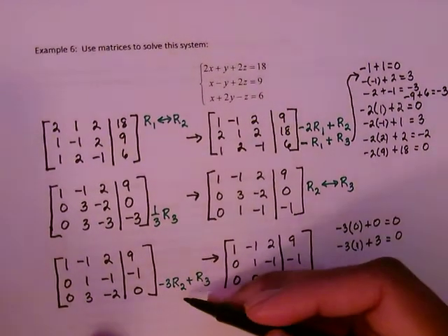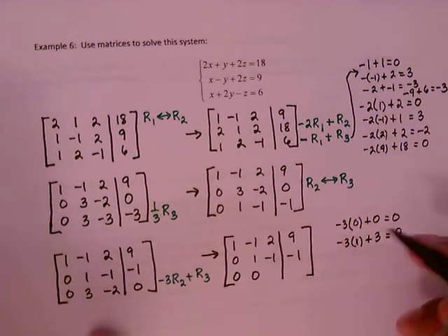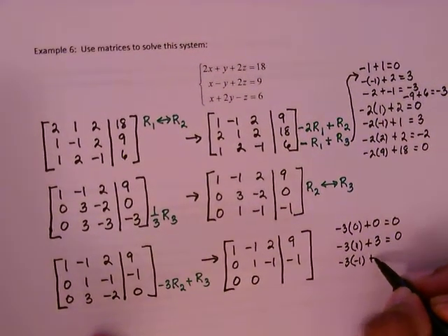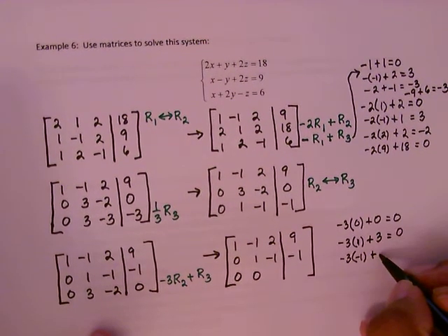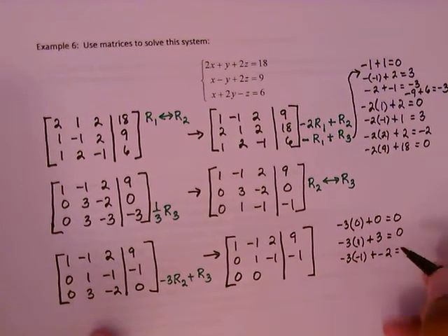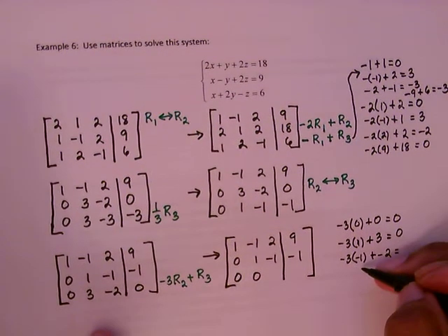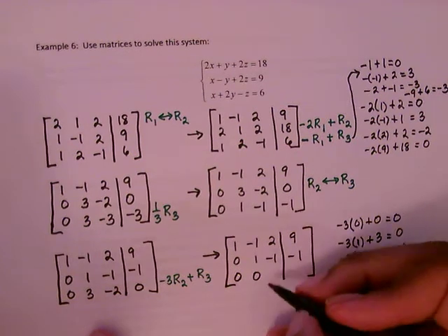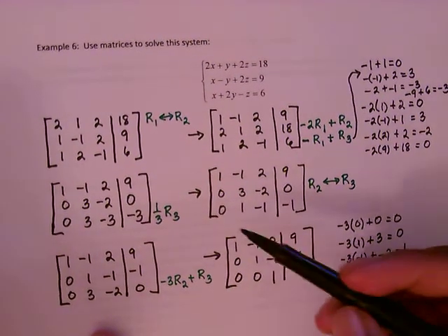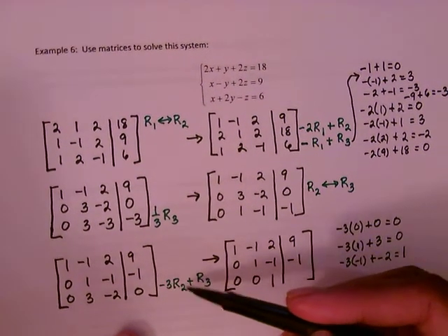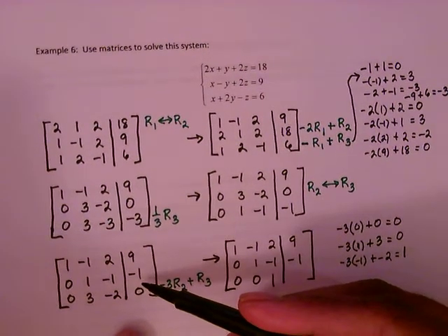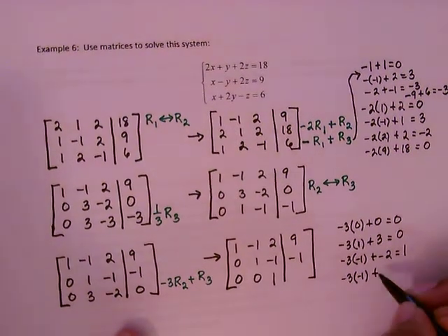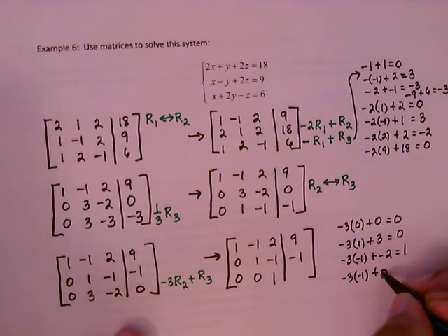And then next will be negative 3 times what's in row 2. So it'll be negative 3 times, in this case, negative 1, plus the corresponding element in row 3, negative 2. Negative 3 times negative 1 is 3. 3 plus negative 2 is 1. And then finally, negative 3 times negative 1, plus the corresponding element, 0.